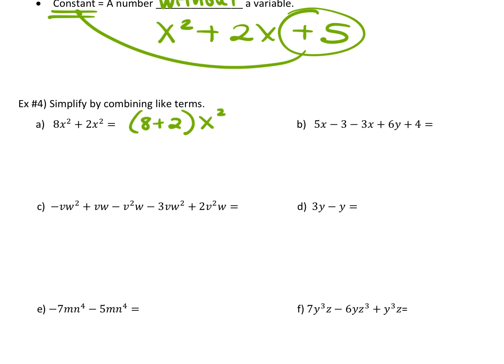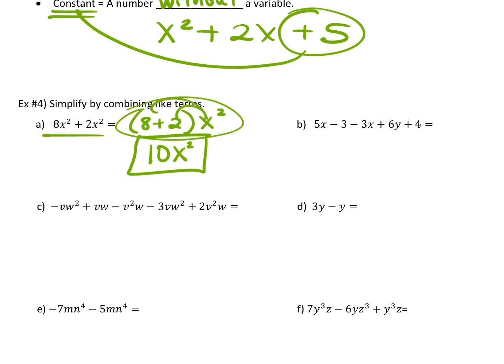Well, now 8 plus 2, we know it's what? 10. So this becomes 10x squared. So that's the distributive property, just in reverse of how you're used to it, right? They would normally give it to you like this, and you would turn it into that. Well, when they're like terms, we can actually combine those things. So we just simplify as much as we can. Okay, look at letter B.